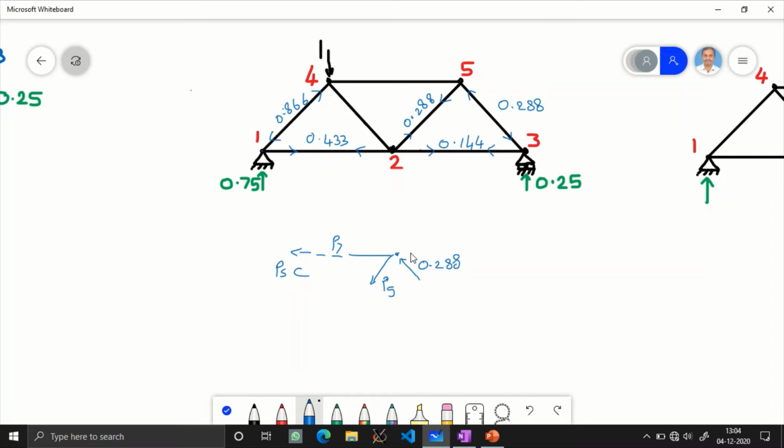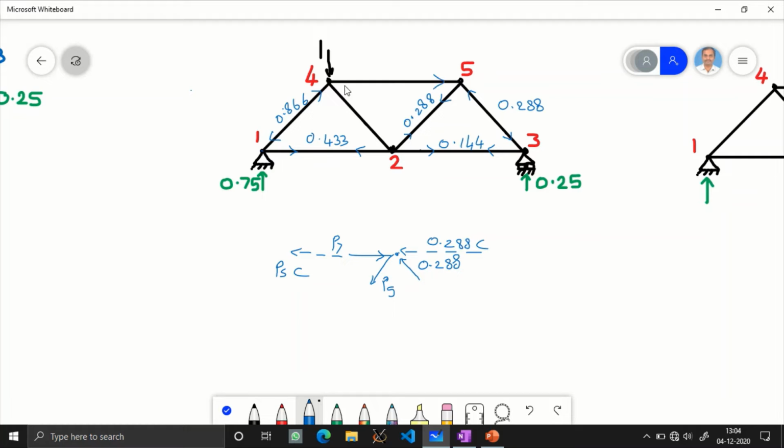And the component of 0.288 is also acting towards left. This will be 0.288 cos 60. Both these forces are acting towards left, so P7 must be acting towards right, which is towards the joint.